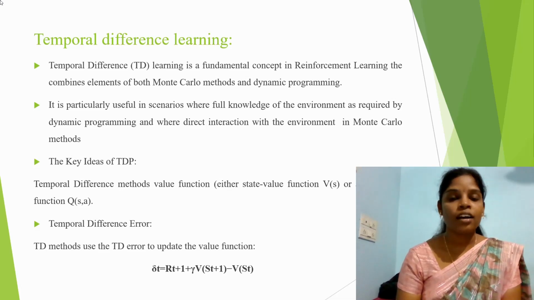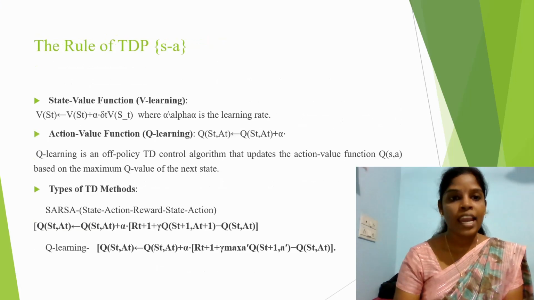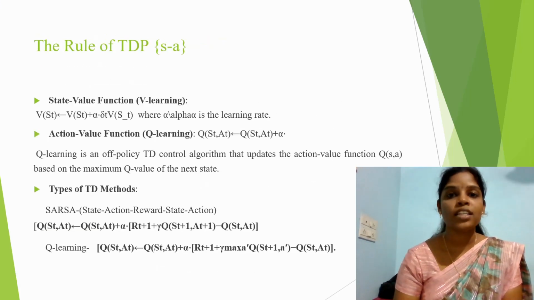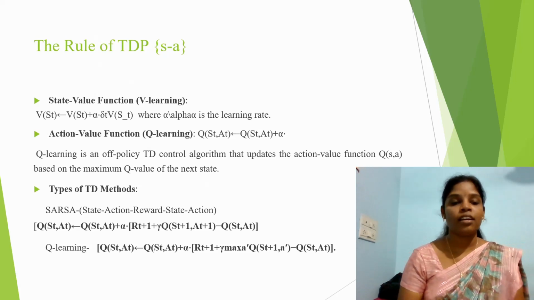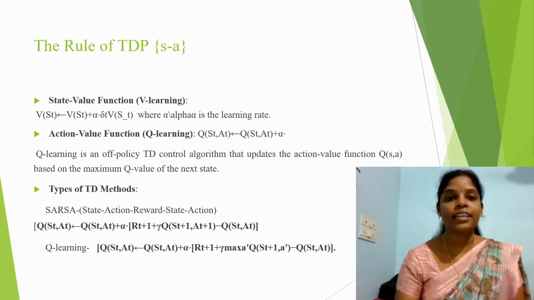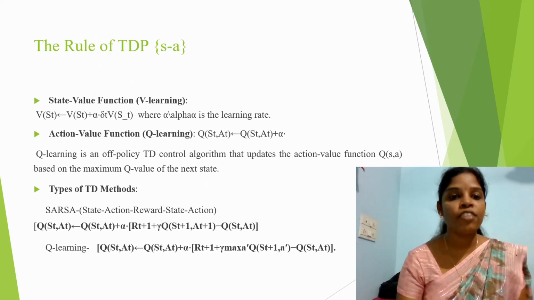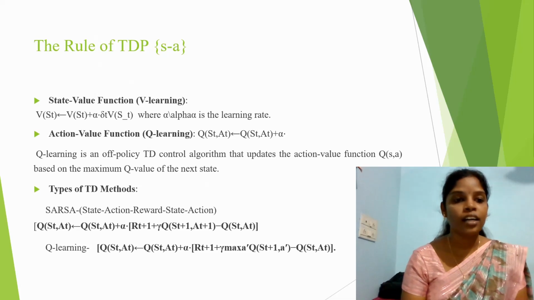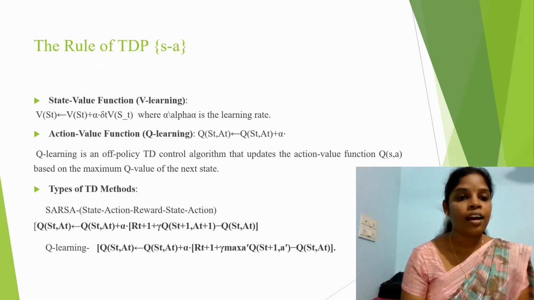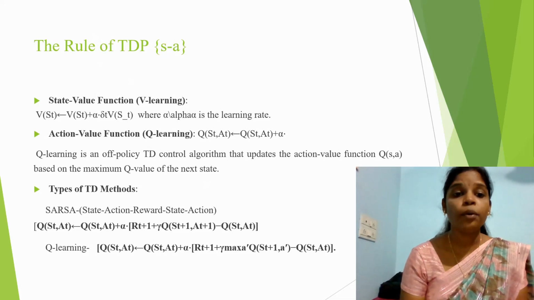We will see in the next topic the update rules used by TD for the state value function and action value function. For the state value function, V of S t is updated to V of S t plus alpha times delta t, where alpha is the learning rate.